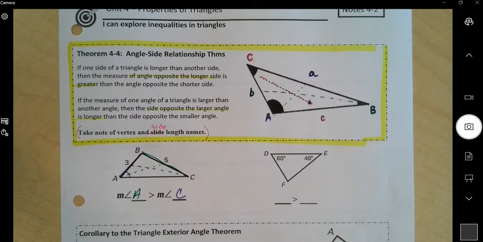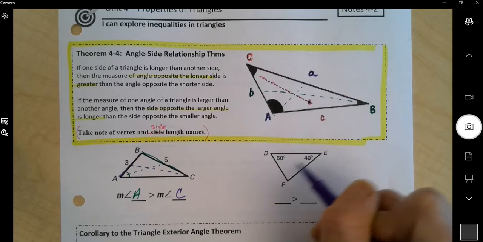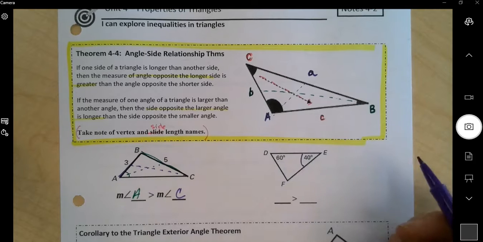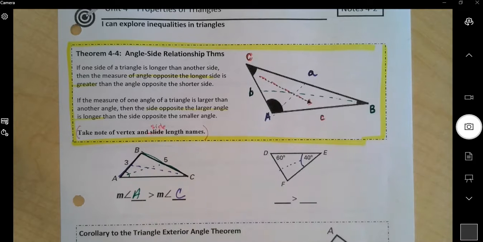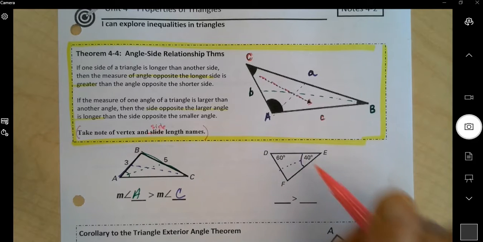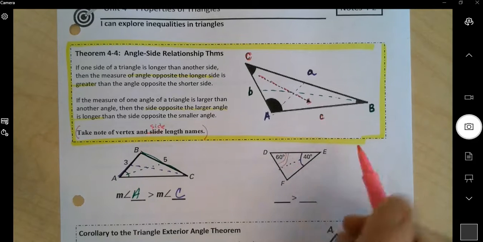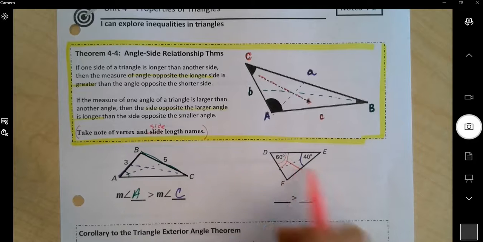You with me now? Yeah. All right, let's talk about this 40-degree angle is opposite of DF. This 60-degree angle is opposite of EF.